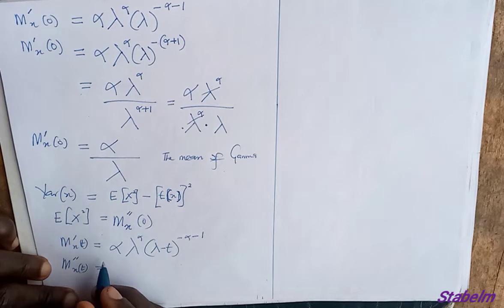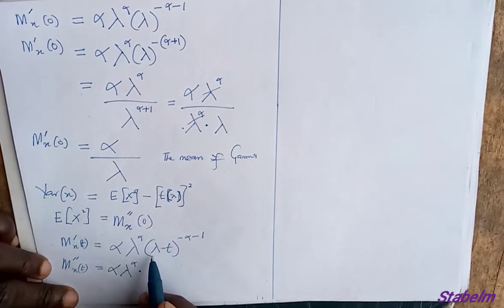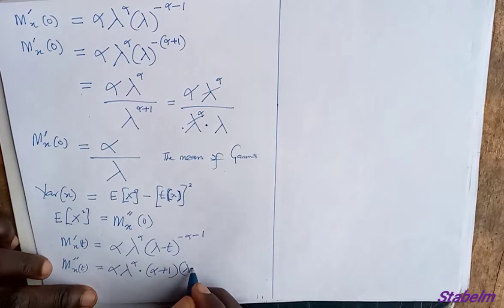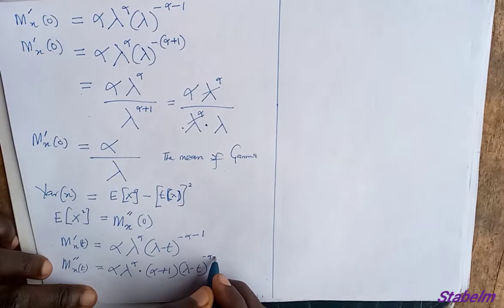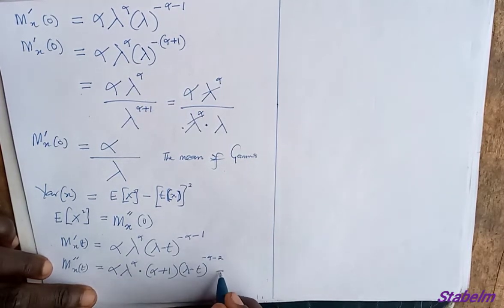And here we're going to have alpha lambda raised to power alpha, we're going to keep this, then multiply by the derivative of this composite function. If we differentiate this, we're going to have alpha plus 1, then into bracket lambda minus t raised to power minus alpha minus 2. We are going to subtract 1 here. Then we have a plus.